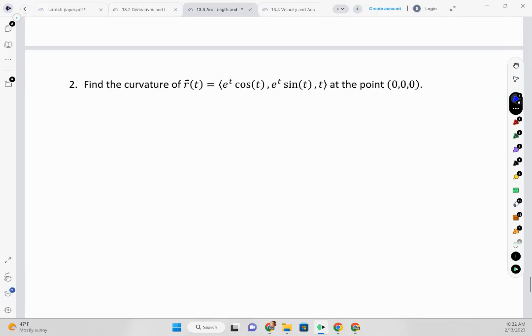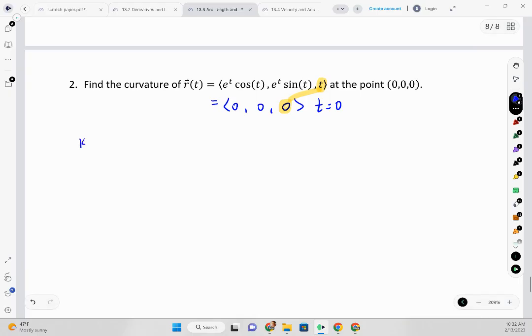We need to find our derivatives, r prime and r double prime. I'm going to go with kappa of 0. Actually, we need to conclude that t equals 0 first. Note that if we were to set this vector function equal to 0, 0, 0, we're forced right here and here to conclude that t is equal to 0.